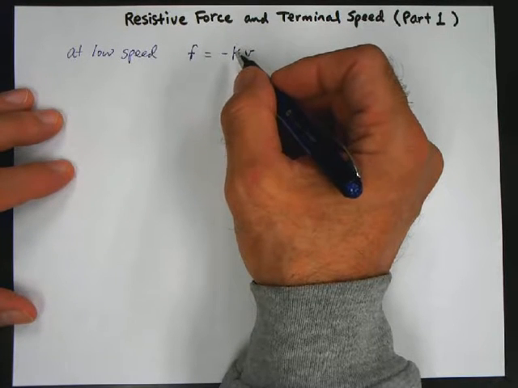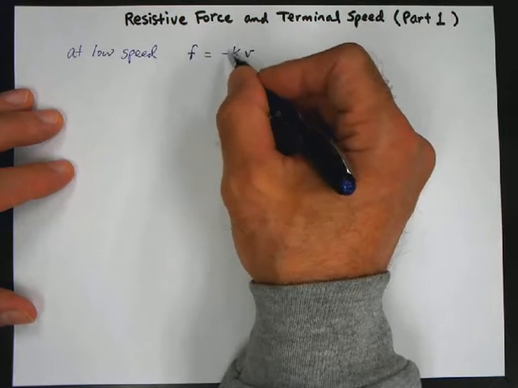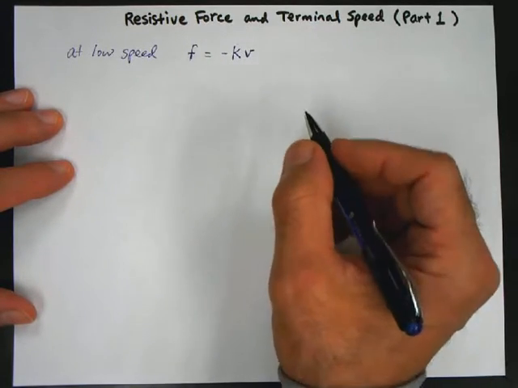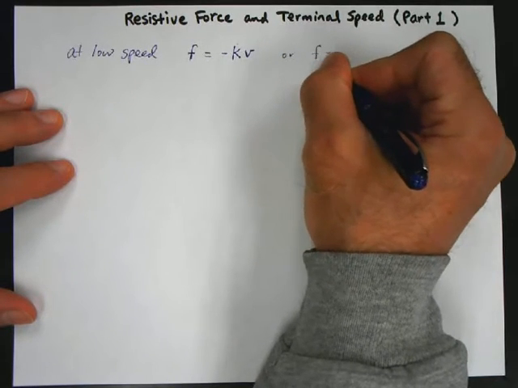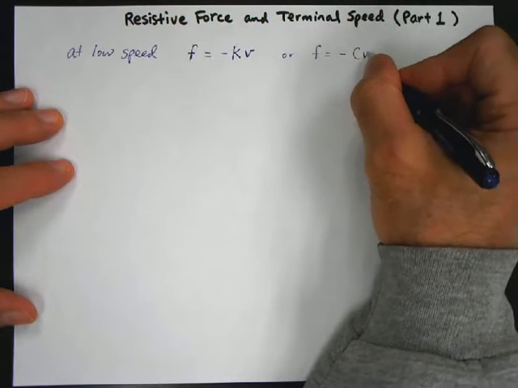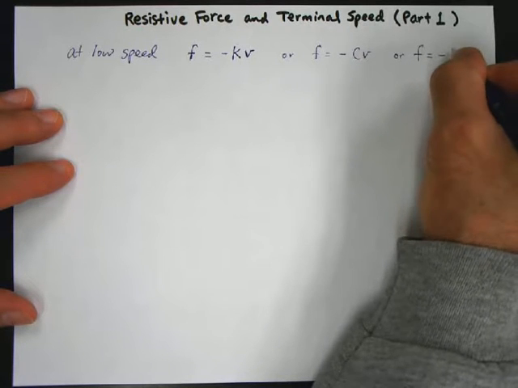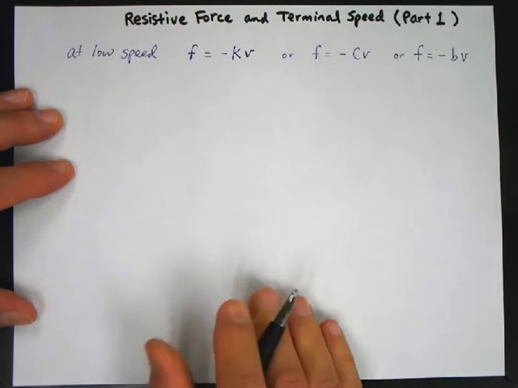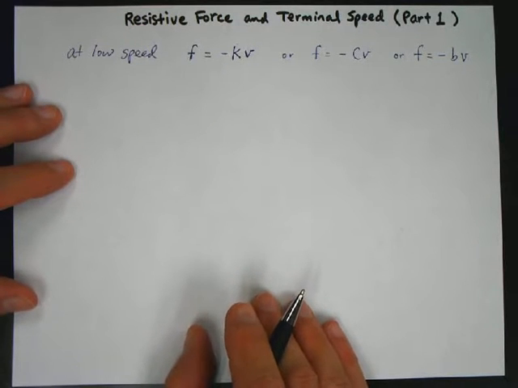It depends on the properties of the fluid, such as the density of air. This is the drag coefficient. So we could write it like this, or we could write it like this. Sometimes you see it where they use b, negative bv. So a lot of different ways. You could use d if you wanted to.